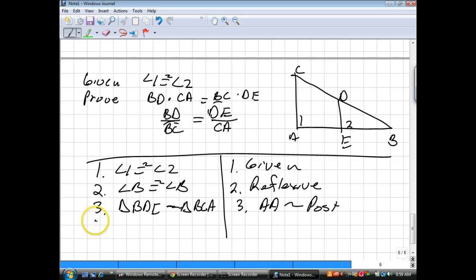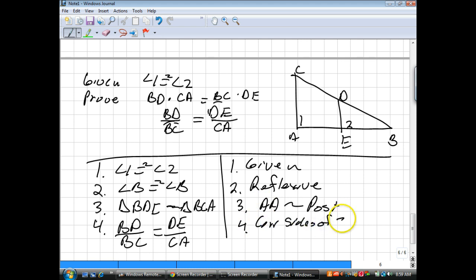Then we can say that BD is to BC as DE is to CA, because corresponding sides of similar triangles are in proportion.